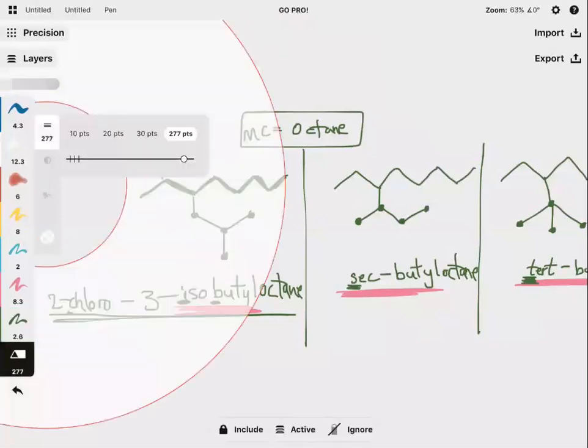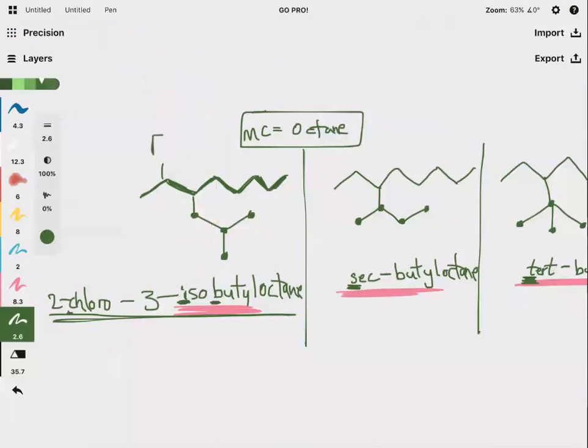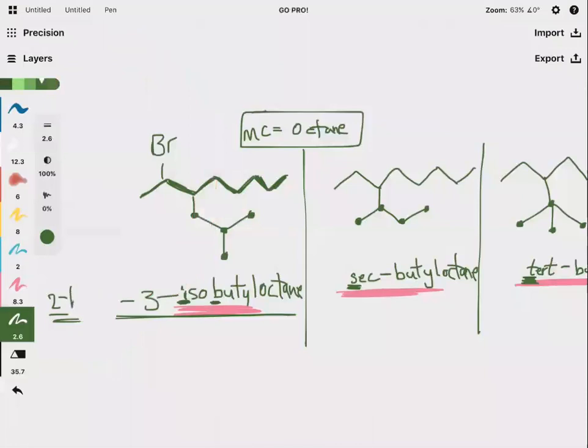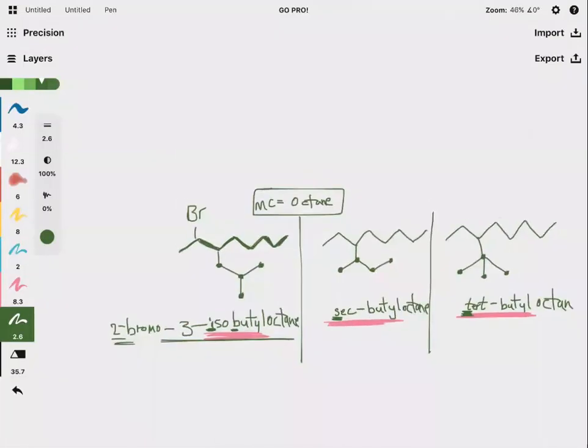And we can just do as many variations as we want. I could have replaced that chlorine with a bromine, and I would have just said 2-bromo-3-isobutyl octane, and on, okay? So let's stop the nomenclature video here, and we'll move on to the next topic.